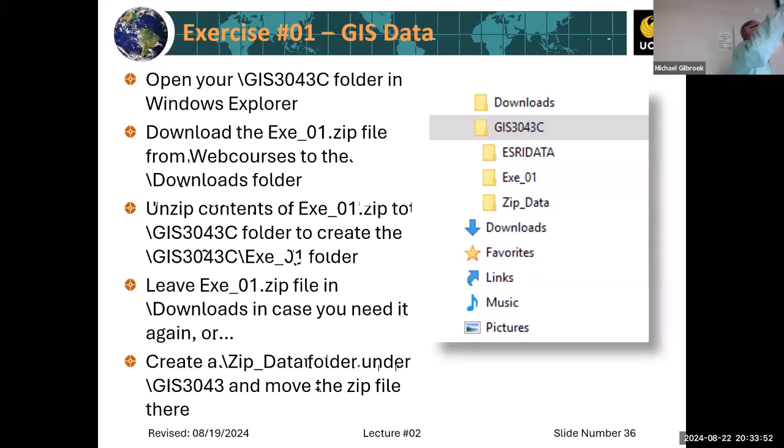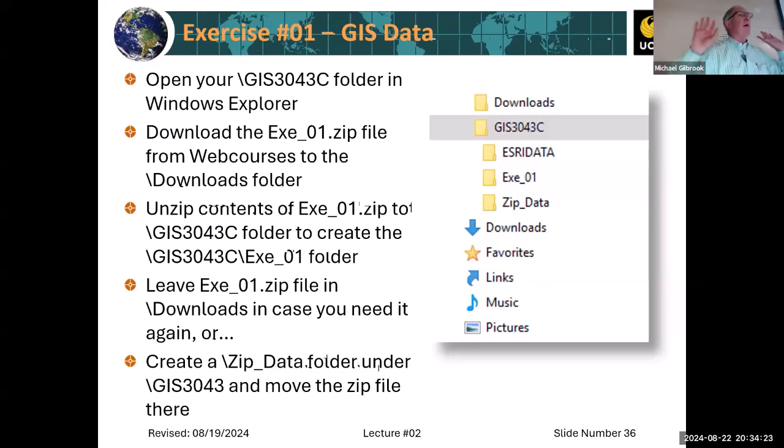GIS has some code in it that dates way back before Windows, and it doesn't understand spaces in names sometimes. So what happens if you have a space in any of the folders that lead to where your data is, when it runs into that space, it explodes. It's not a happy experience. And the error message it gives you will give you no clue as to what the problem was, because it will not say, oh, I encountered an embedded space.